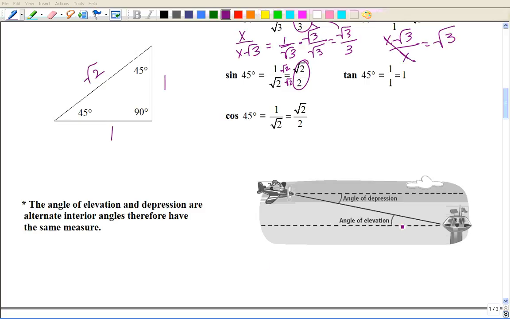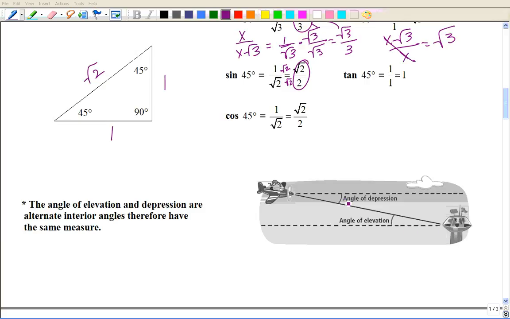And then finally, you'll notice at the bottom of the page is this picture, and it says the angles of elevation and depression are alternate interior angles, therefore have the same measure. Whenever you have problems asking about angles of depression and angles of elevation, say you have a plane going by and we've got a watchtower. If this plane is flying horizontally and its path is parallel to the line of sight of the person sitting in the tower, then looking from the plane down to the tower, that would create an angle of depression, going down.